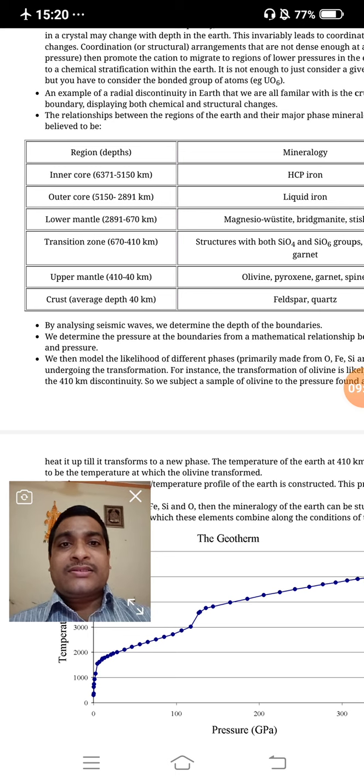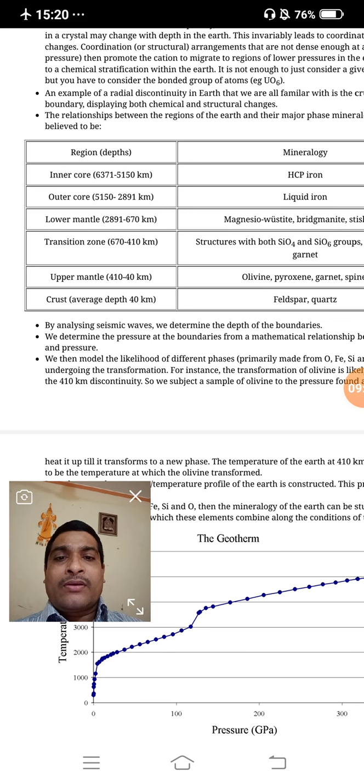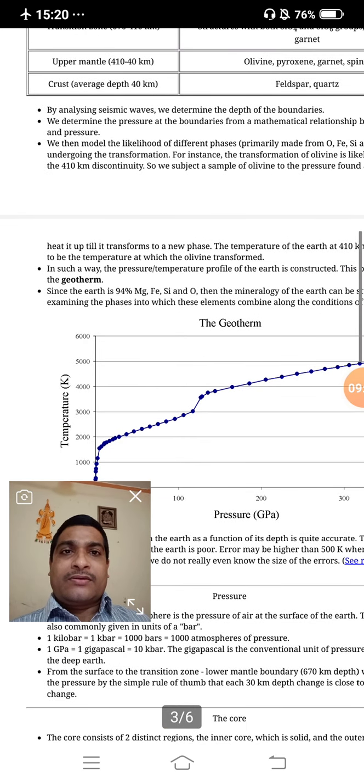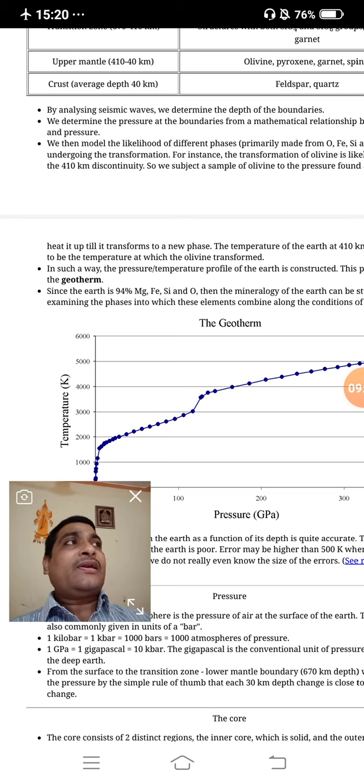And the inner core starts from 5150 km up to the radius of the earth, and it is mainly composed of HCP iron. These are the mineralogy of the different layers of the earth: crust, mantle, lower mantle, outer core and inner core.